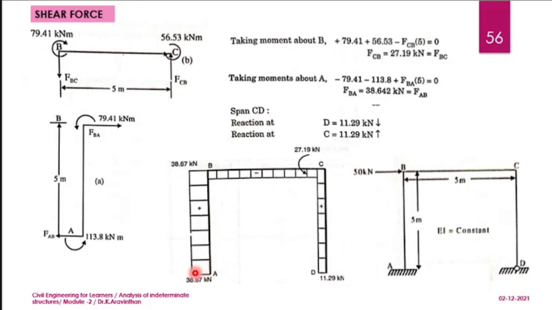Why? Because you are not having any external force here. Hence your shear force will be the same as the reaction. At B to C, you got the value of 27.19. So the same will be the shear force, and C to D, what is your answer? 11.29, and this will be the shear force.